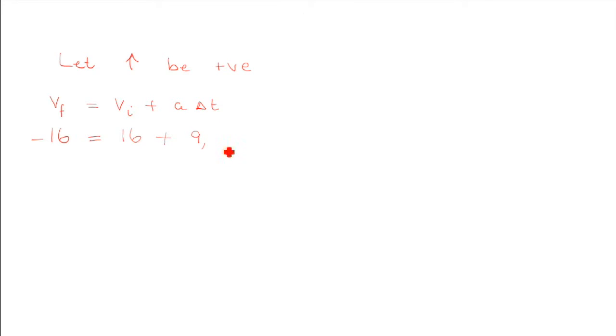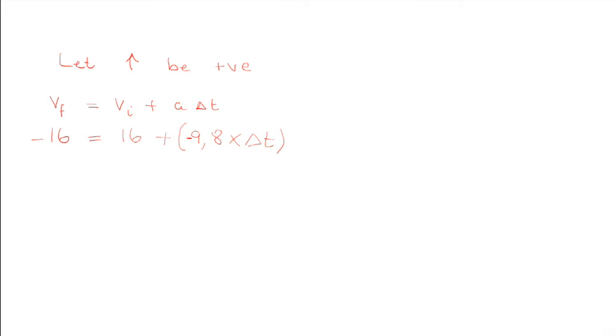All right, 9.8. Now I want to know, is this going to be positive or negative? We said let upward be positive, which means this is going to be negative, guys. Be very careful. And then multiply it by what you are looking for.